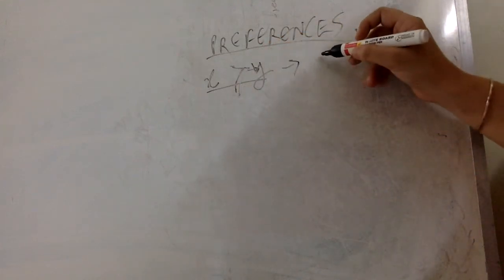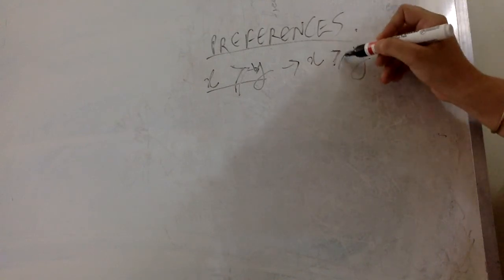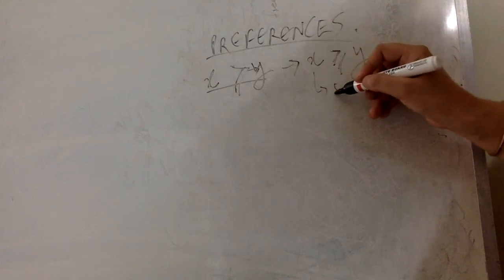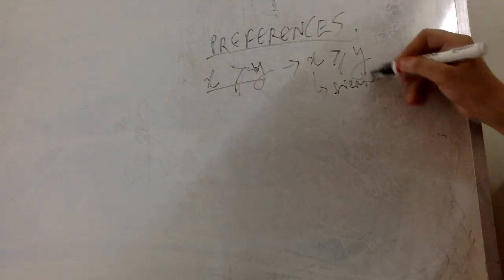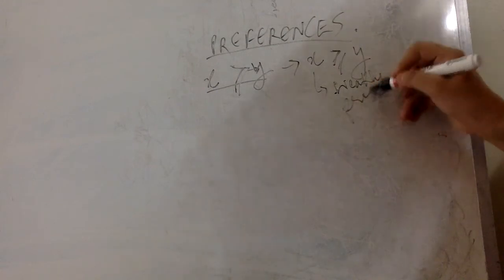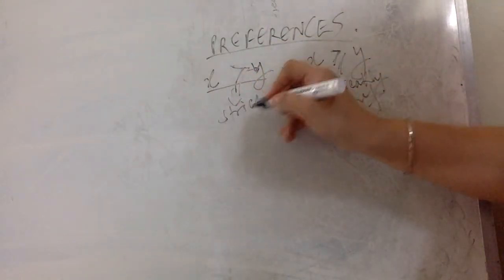If I say x is weakly preferred to y, it means x is greater than and equal to y. This represents weak preference, whereas this represents strict preference.